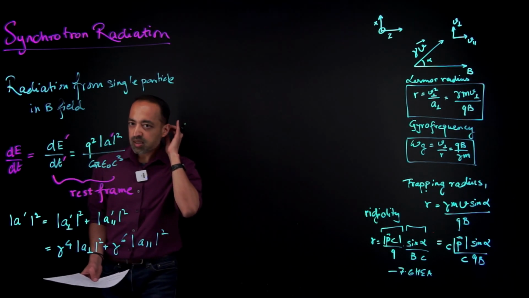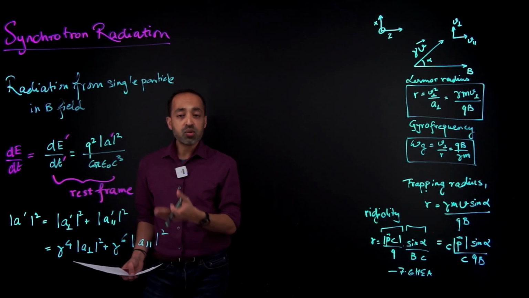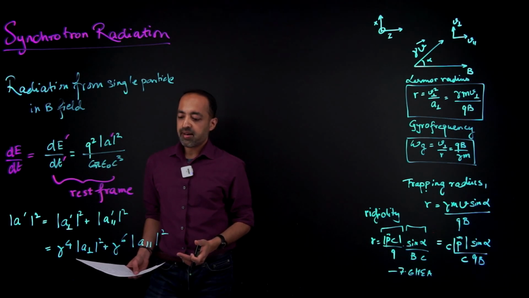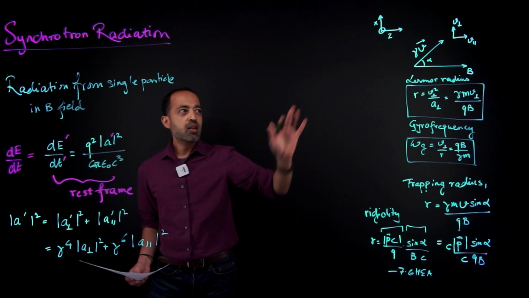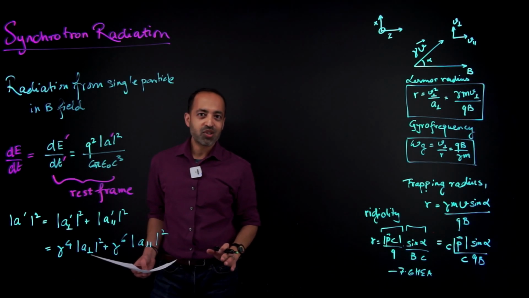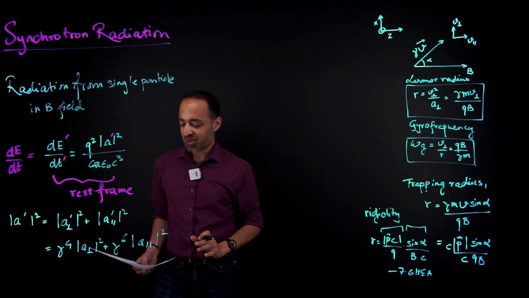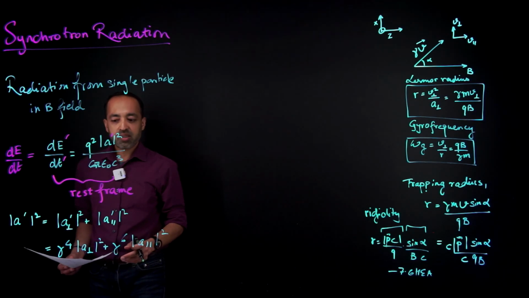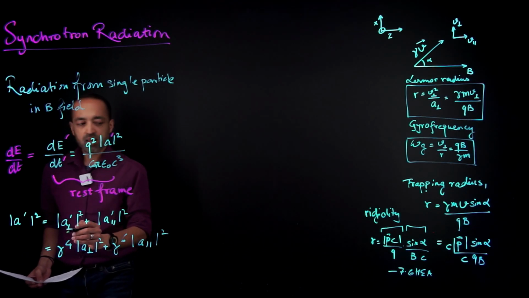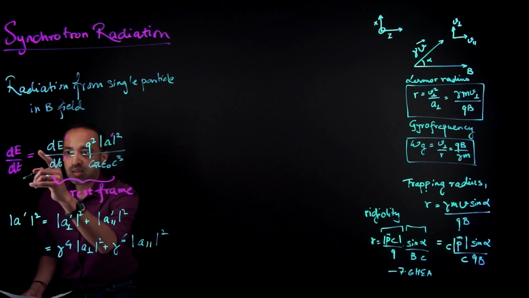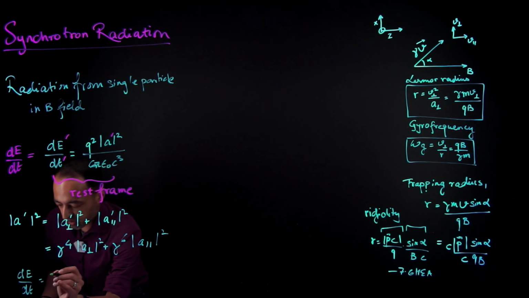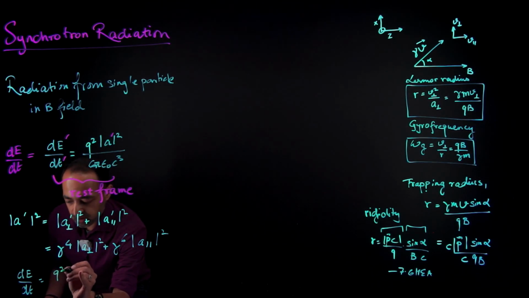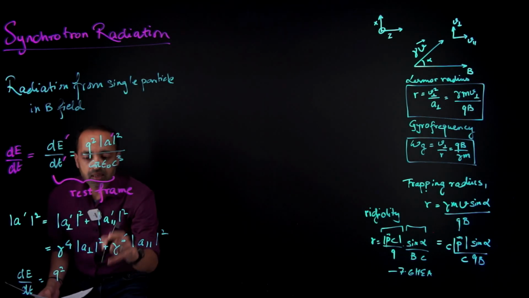Okay, so let's use this in our particular case of a charged particle that is moving with some speed gamma v along some direction at angle alpha with respect to the magnetic field. And so what does that look like? So our dE dt in this particular case will be q squared and then the acceleration squared.